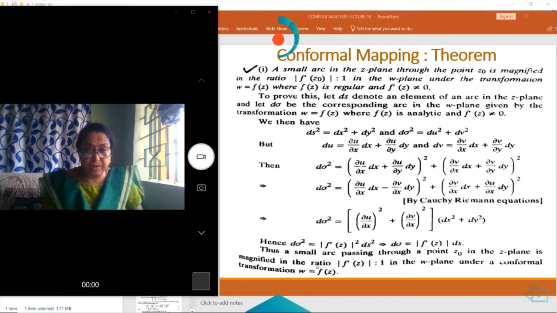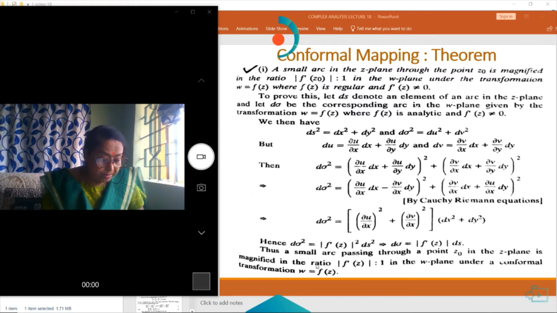But we also know du can be written as del u by del x into dx plus del u by del y into dy, and dv as del v by del x into dx plus del v by del y into dy. Substituting these values, d sigma square can be written as you can see on your screen.